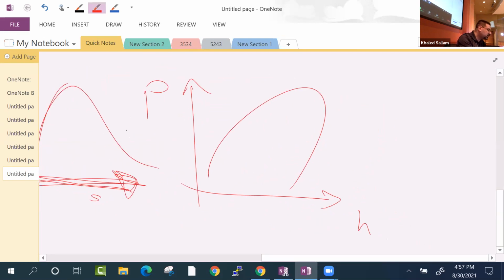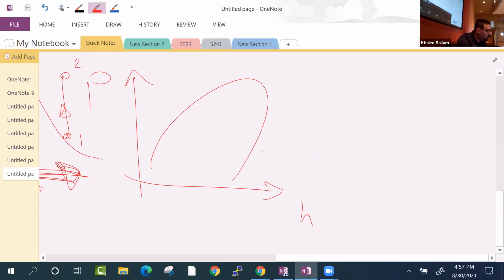So here an isentropic compressor will look like this, 1 to 2, constant what? S, right? Isentropic compression, you go up like this. On a PH diagram, it would look like this. That's S equal constant. That's 1, that's 2. Okay?